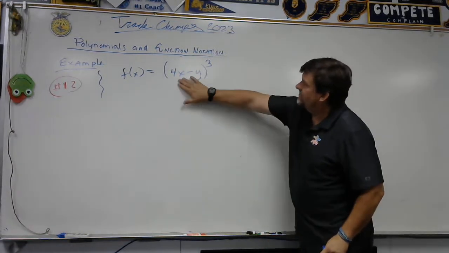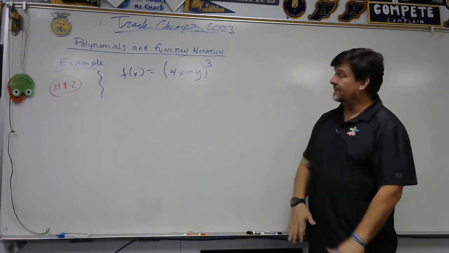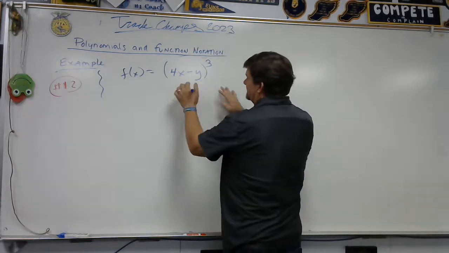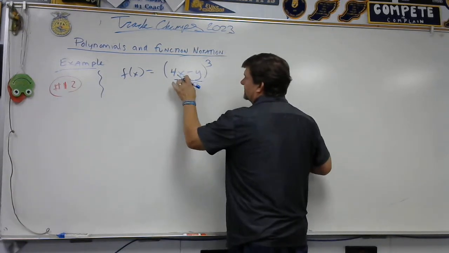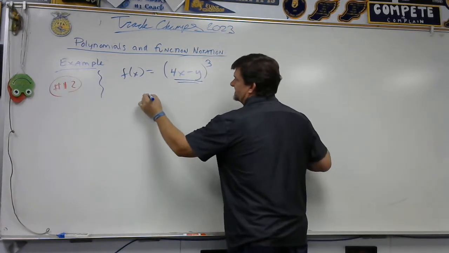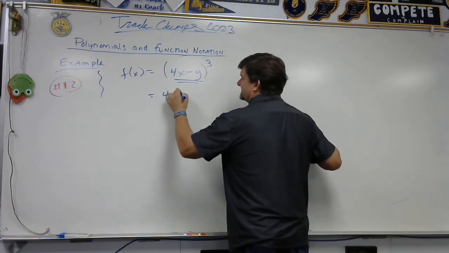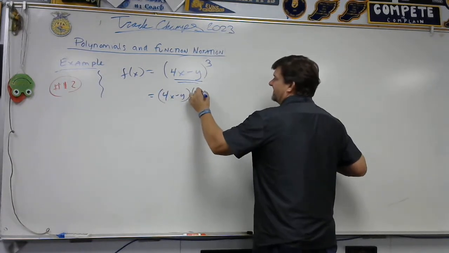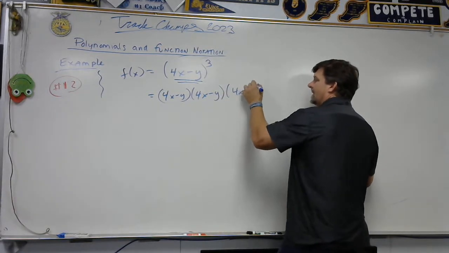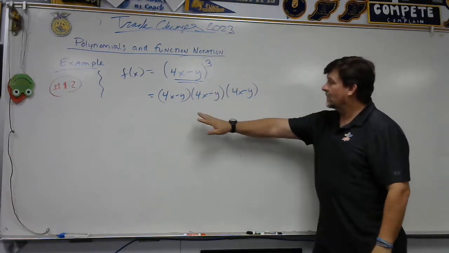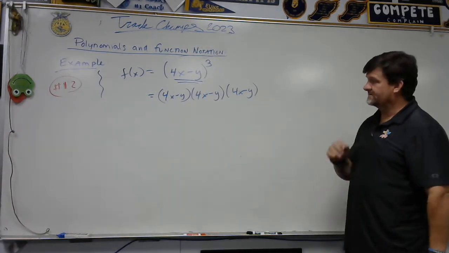So we can't just cube this and cube that. That'd be great. It's super easy at that point, but we can't do it. What does this mean? Okay? This means that I got to multiply this by itself 3 times. So I've got to do 4x minus y times 4x minus y times 4x minus y.